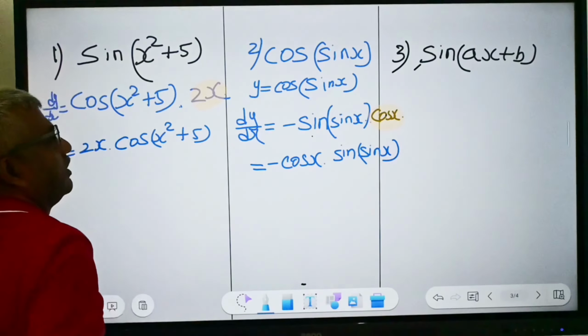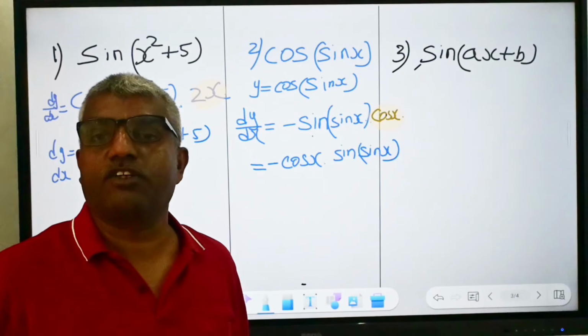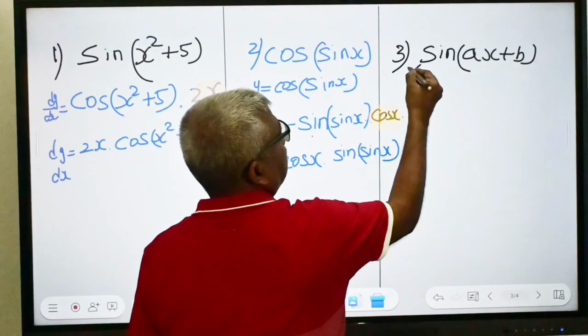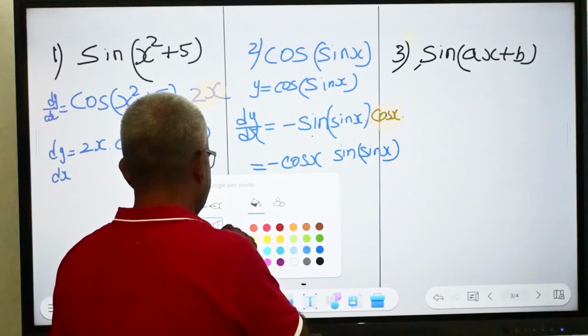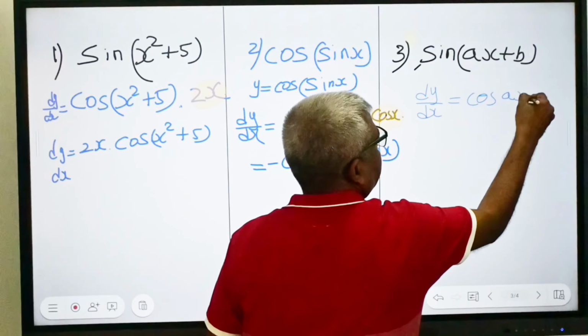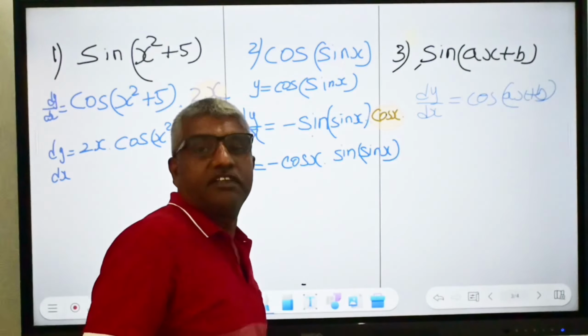Okay. Next, question number 3: sin(ax plus b). Let y equal to sin(ax plus b). Then dy by dx is equal to cos(ax plus b) times the derivative of ax plus b.